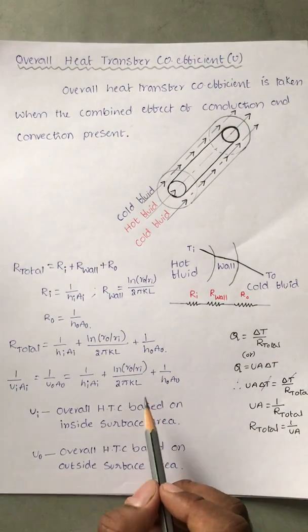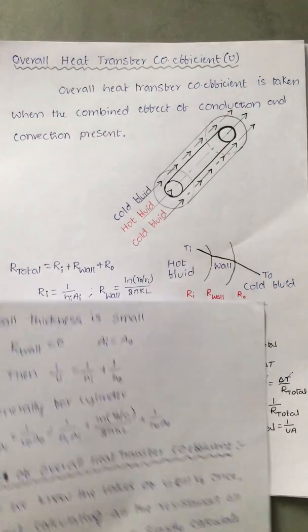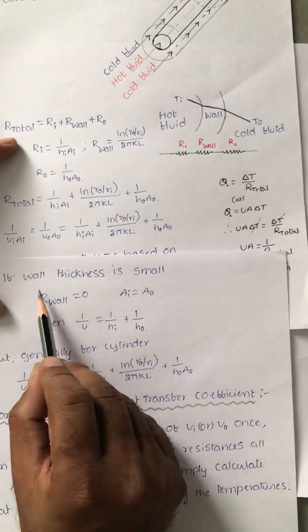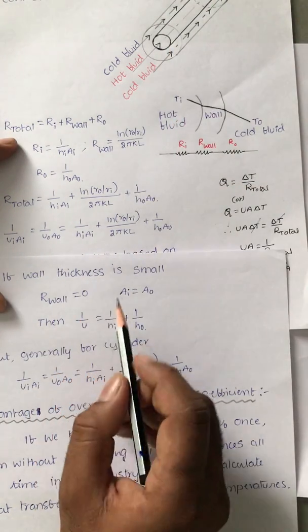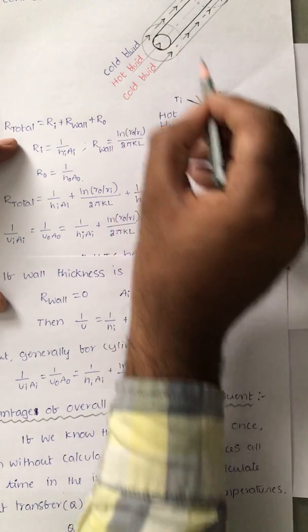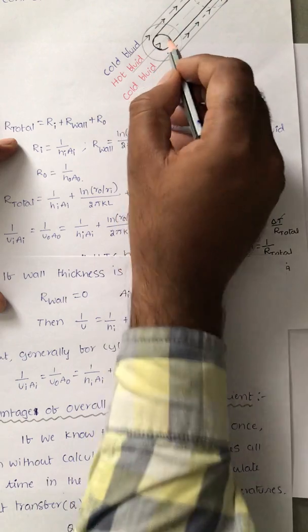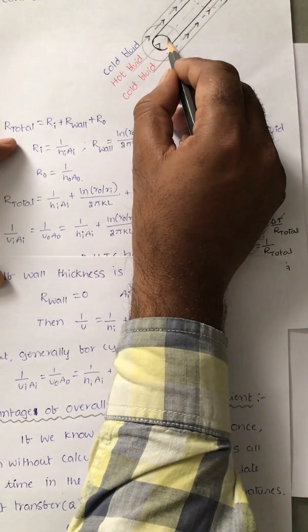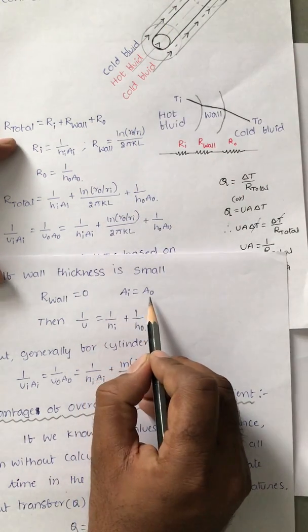Now, if the wall thickness is very small, then the resistance offered by the wall is neglected. R wall is 0. Because the wall is very thin, the inside radius is equal to the outside radius, so Ri is equal to R naught, and Ai is equal to A naught.